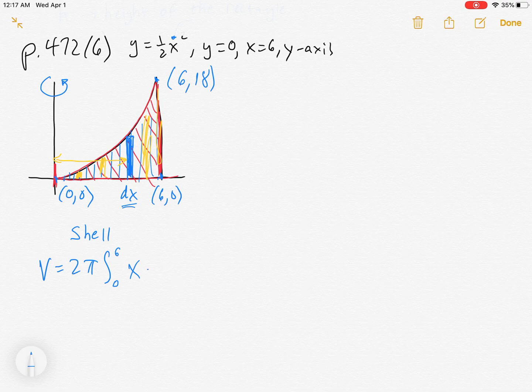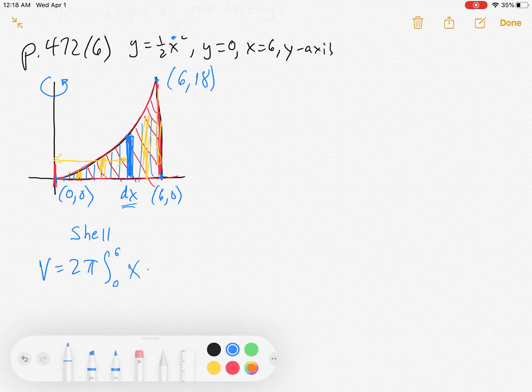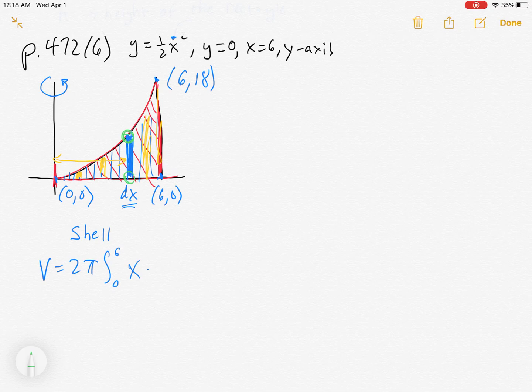Well, the height takes you back to kind of like inner radius, outer radius, kind of like even section 7.1, the area under the curve. So the height here, in terms of x, is going to be that minus that, right? The height's always your top minus the bottom.